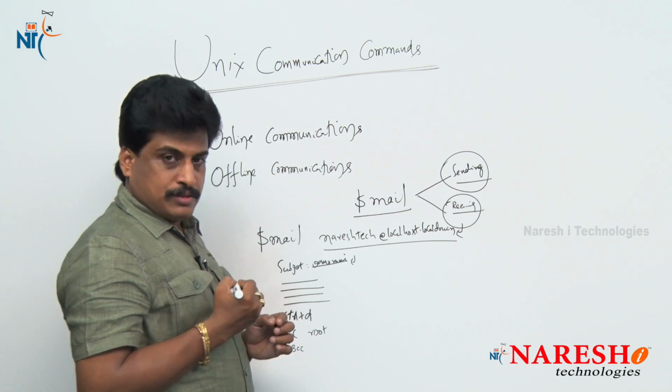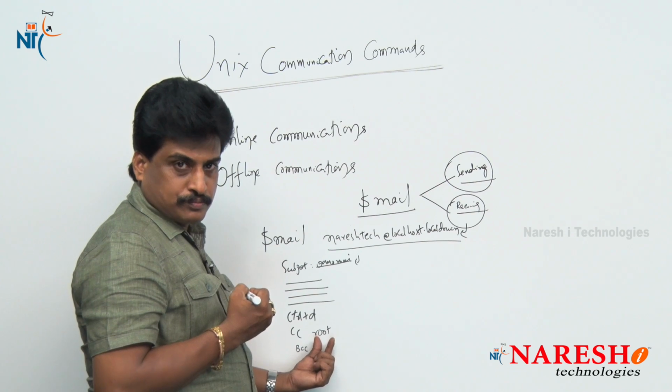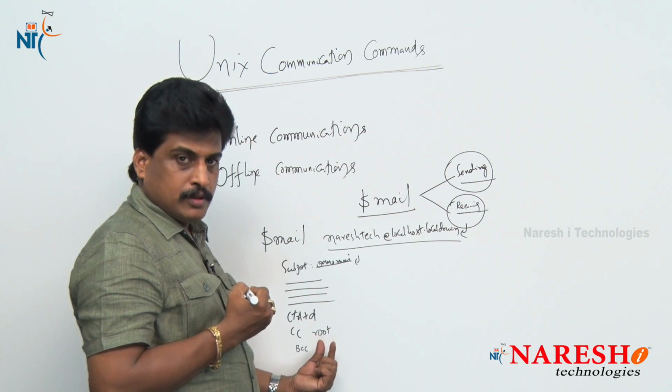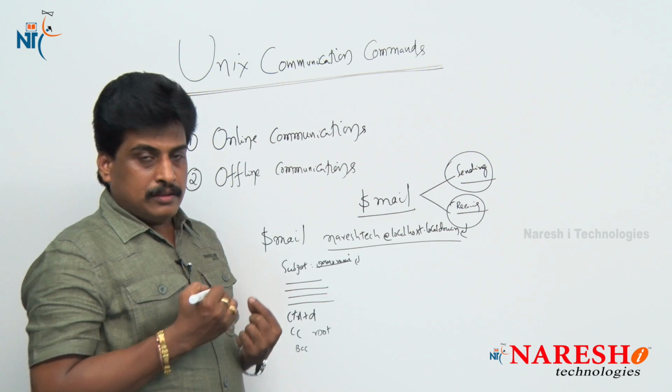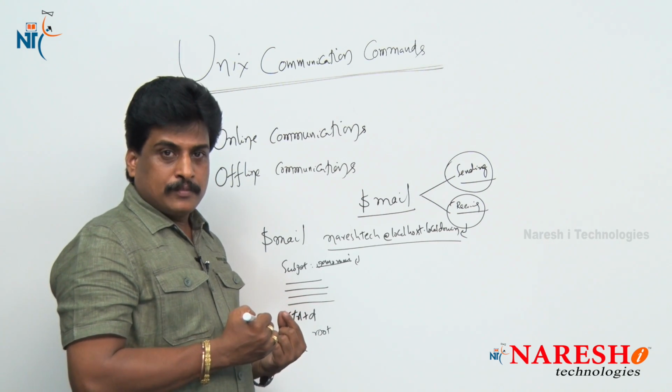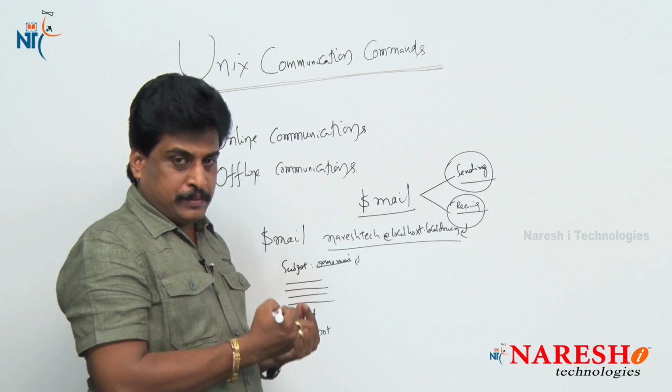My lead's address I am giving as To or CC. My manager, for example, I am giving as BCC. Why? Because this mail is confidential, I should not deliver it to anybody except lead and manager.